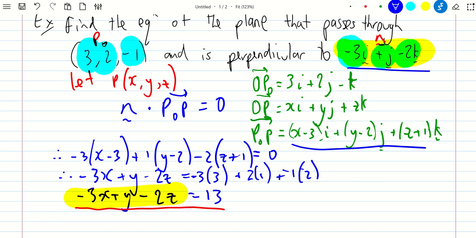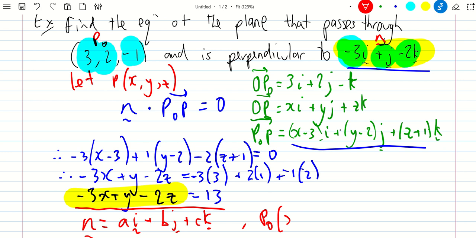Okay, so in red, in general, if you've got your normal as being ai plus bj plus ck, if that's the normal that you've got, and going through, and point P0 is on the plane, and point P0 is x0, y0, z0.